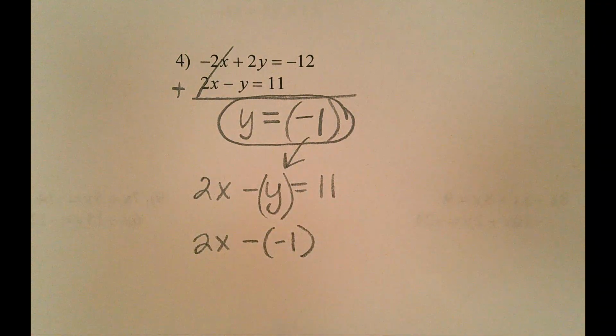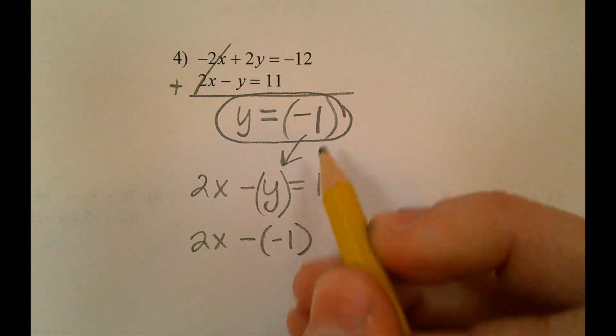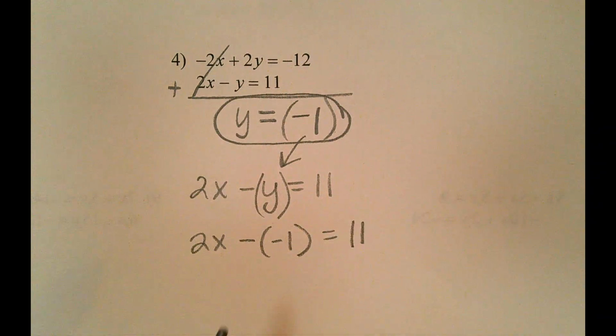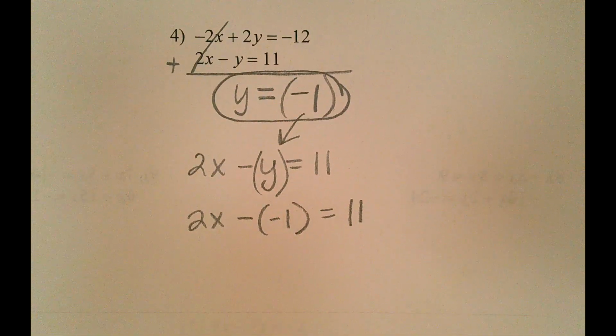Minus negative 1. Okay? Equals 11. Does everybody understand why I wrote it like that? I don't want to get confused. And also, if I didn't put one of those, it's going to be wrong. You have to include all the symbols.